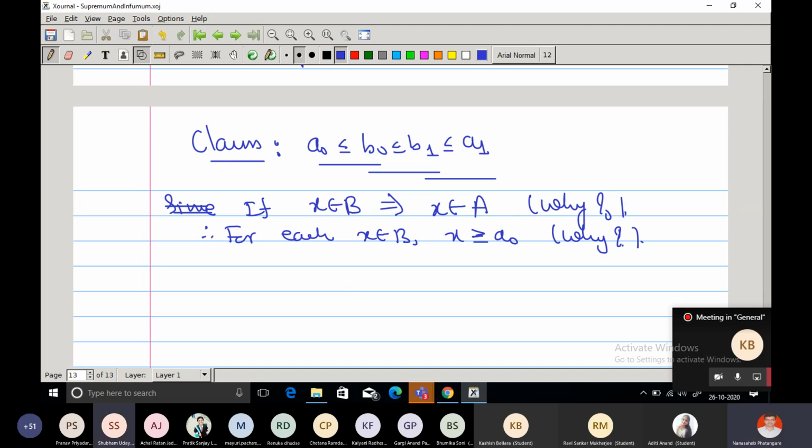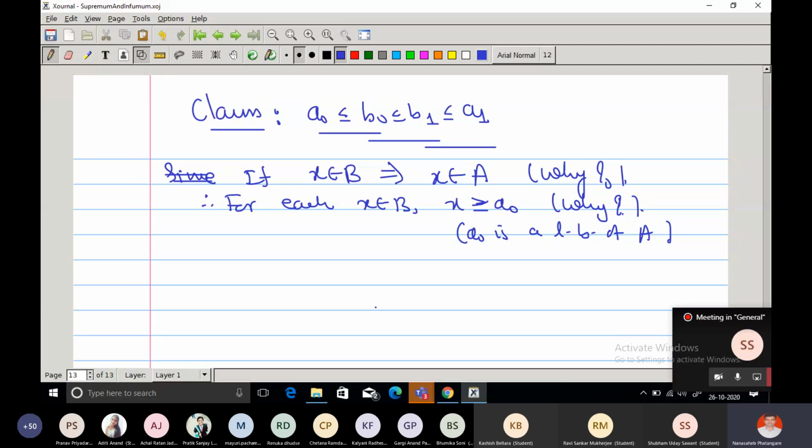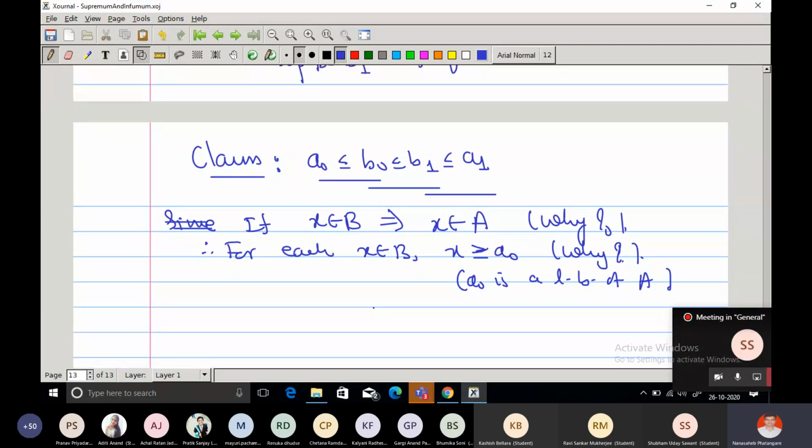It is the definition of infimum. If you choose any x from B, x is in A, and A0 is a lower bound of A, correct? A0 is the infimum of A, right?